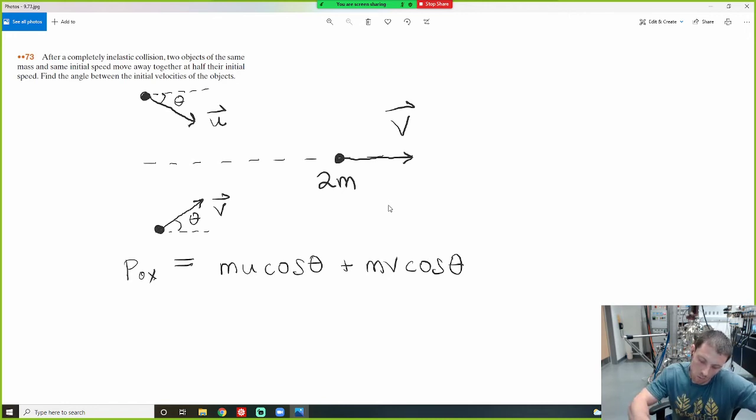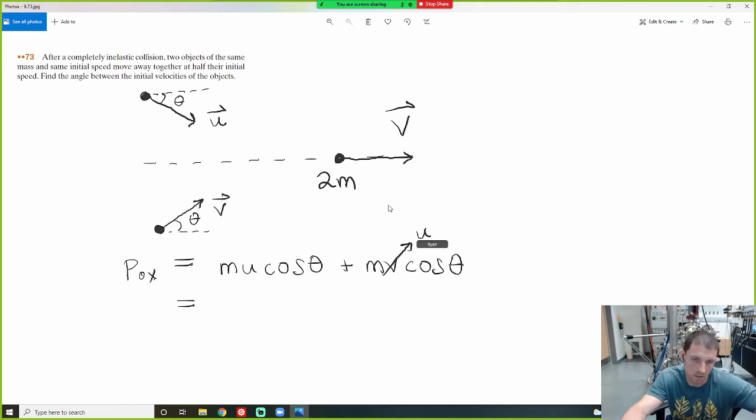But when we're talking about just the components, we can just say, let's say this is also little v. I don't want to do that actually. I want to use u. So let's say that this is u.